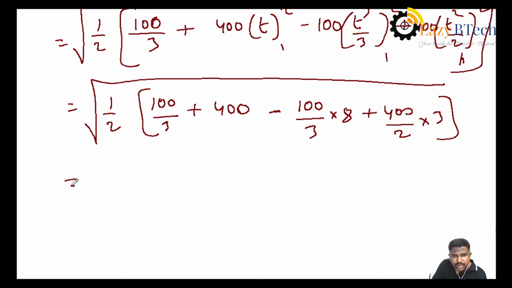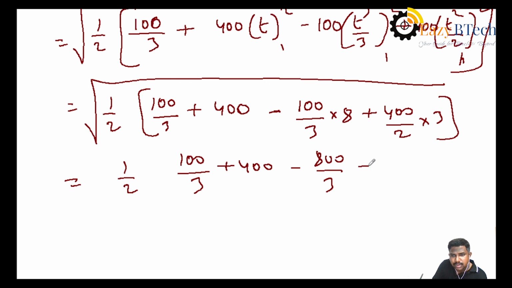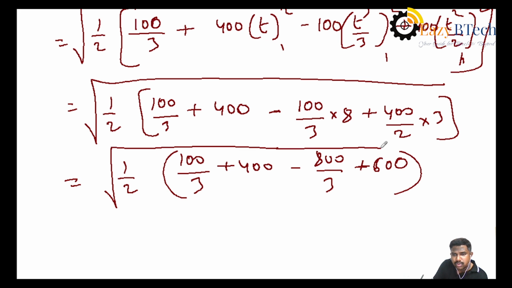Then here you can simplify the equation. 100 by 3, plus 400, minus 800 by 3, plus 600, for the whole square root.